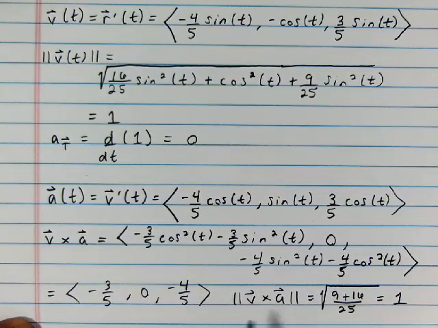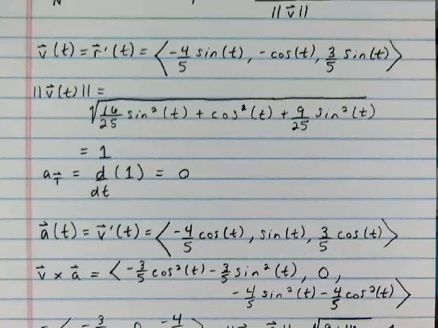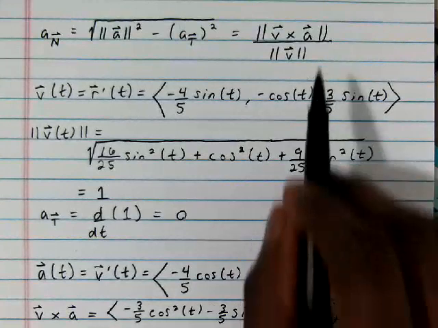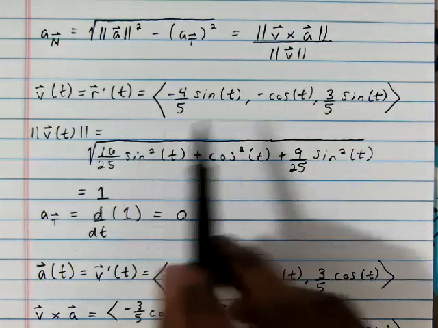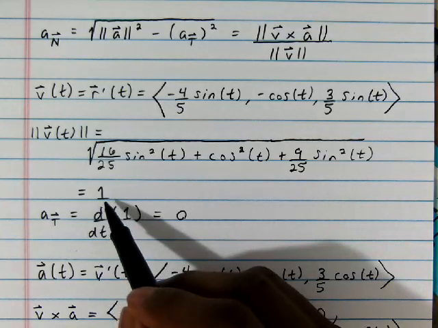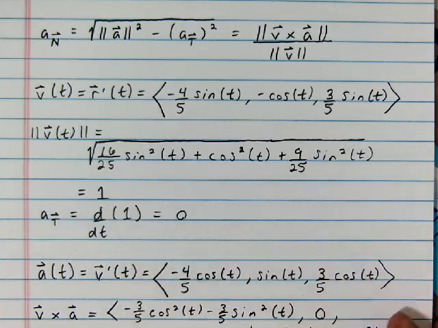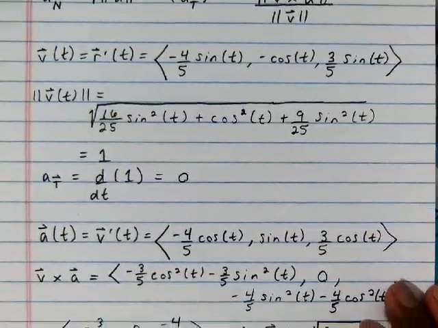So now we have what we need to use this formula. The numerator is 1. We already had the denominator is 1 somewhere right here. So a sub n, the normal component of acceleration, is just 1.